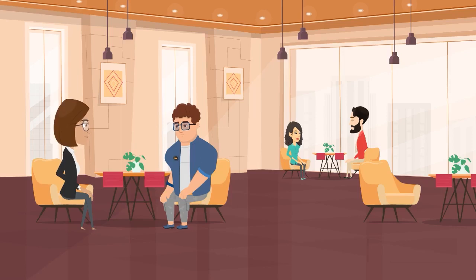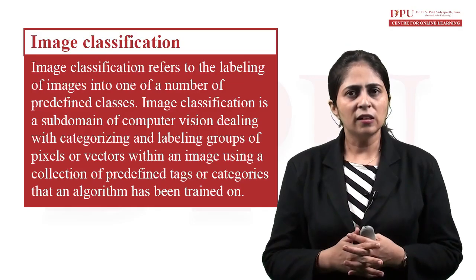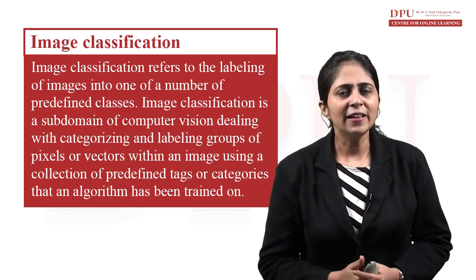Suppose there's a room in which there are a few people who are sitting. They can be classified into one class. There are some people who are standing and having their tea or snacks. They can be classified, if we take an image, into a different class. There are a few people who are just involved in their work. They can be classified into a different class.